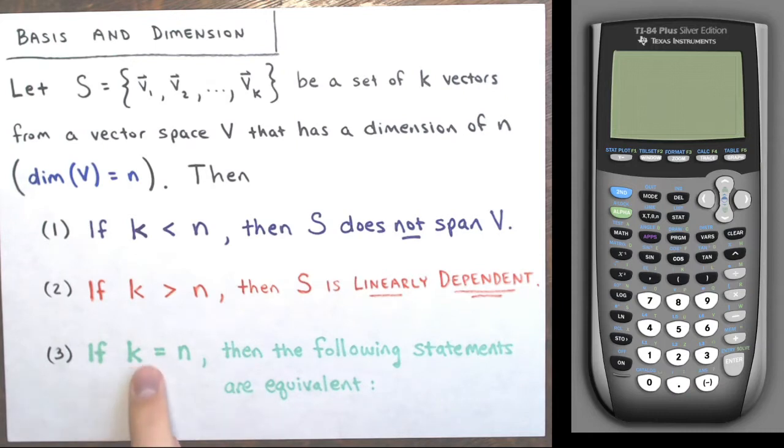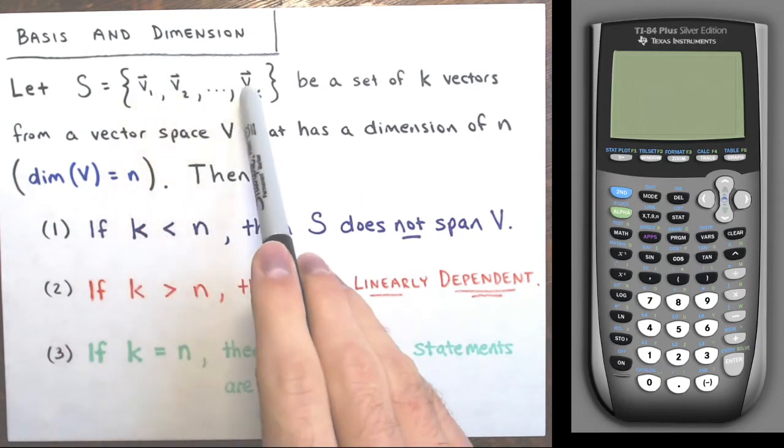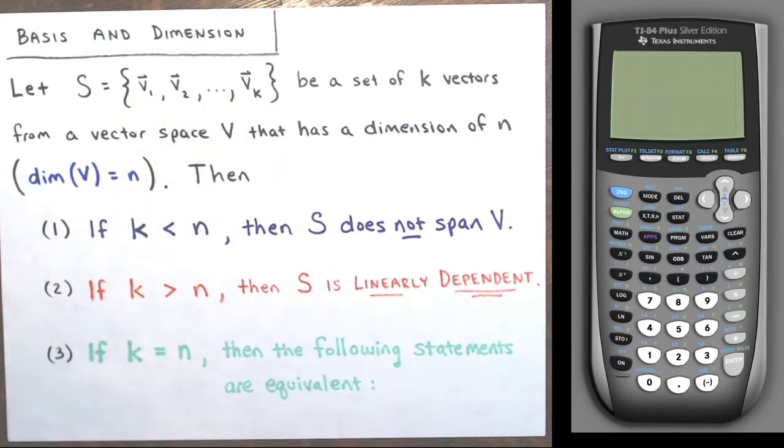Now, what if it's equal to the number of the dimension? What if k is equal to n? So the number of vectors in S is the same as the number of vectors that would be in a basis. Now that doesn't mean you have a basis. You still have to determine whether or not the set is a basis, but you're closer to it though.